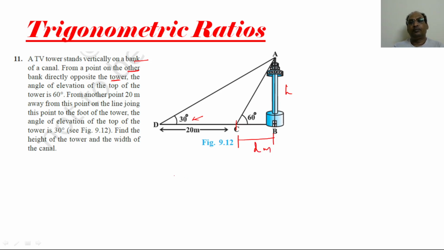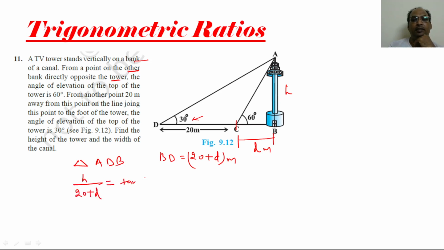Now first of all, BD is equal to 20 plus D meter. So in triangle ADB, H by 20 plus D is equal to tan 30 degree.